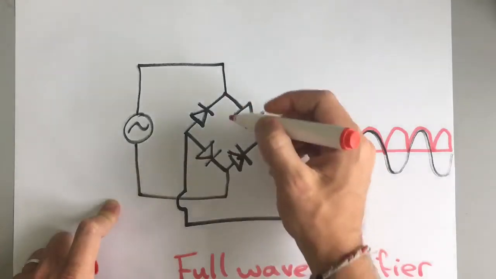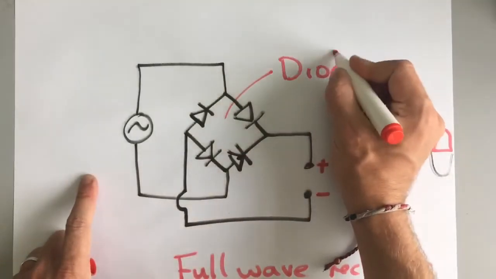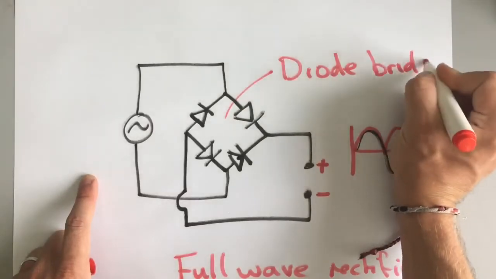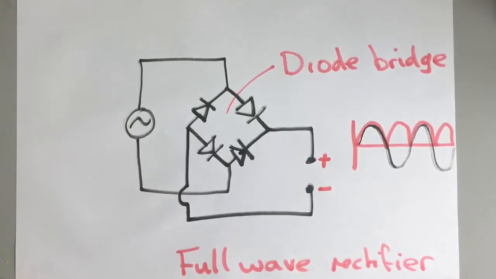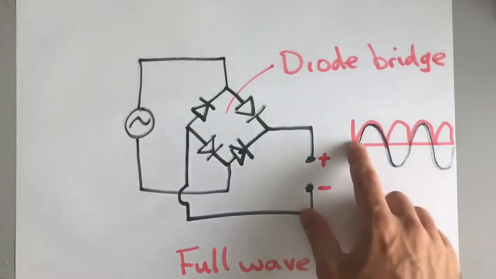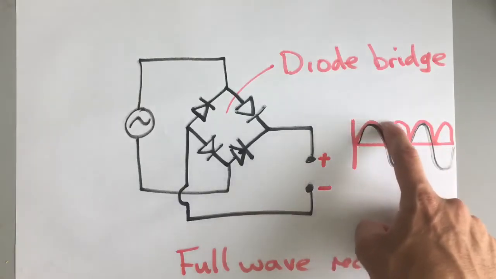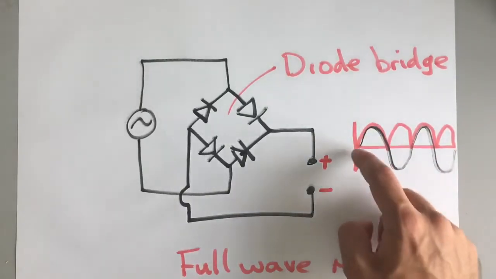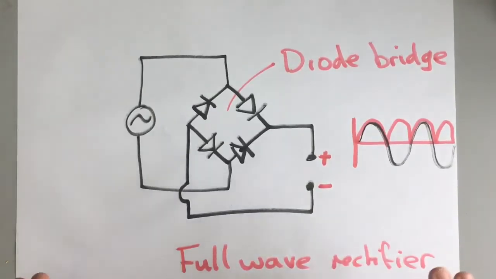And this diamond formation is called a diode bridge. So that is a diode bridge circuit, and that is a full wave rectifier, so it gives you this. So we're getting closer to DC, but DC is a constant output current, not just a positive one that bounces along like that. So we need to move on a little bit.